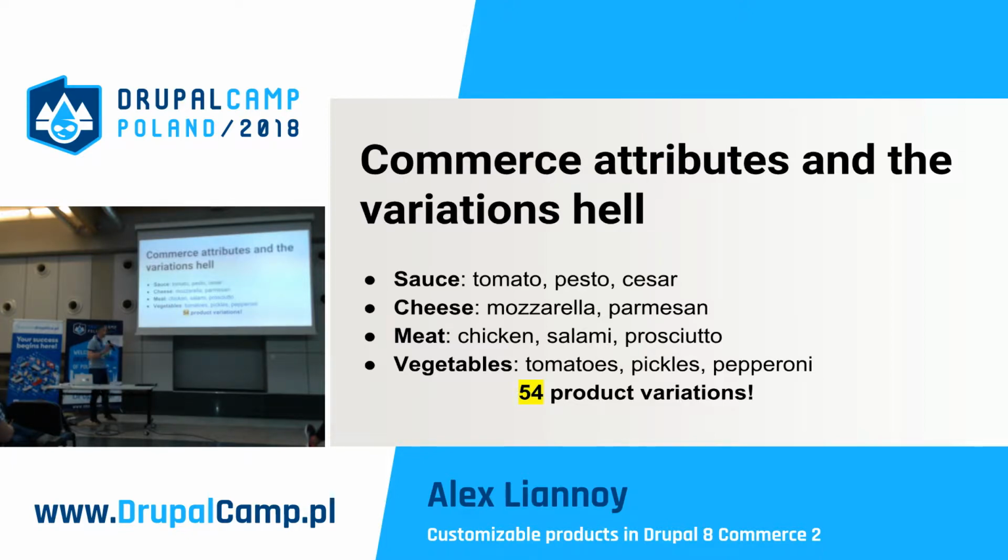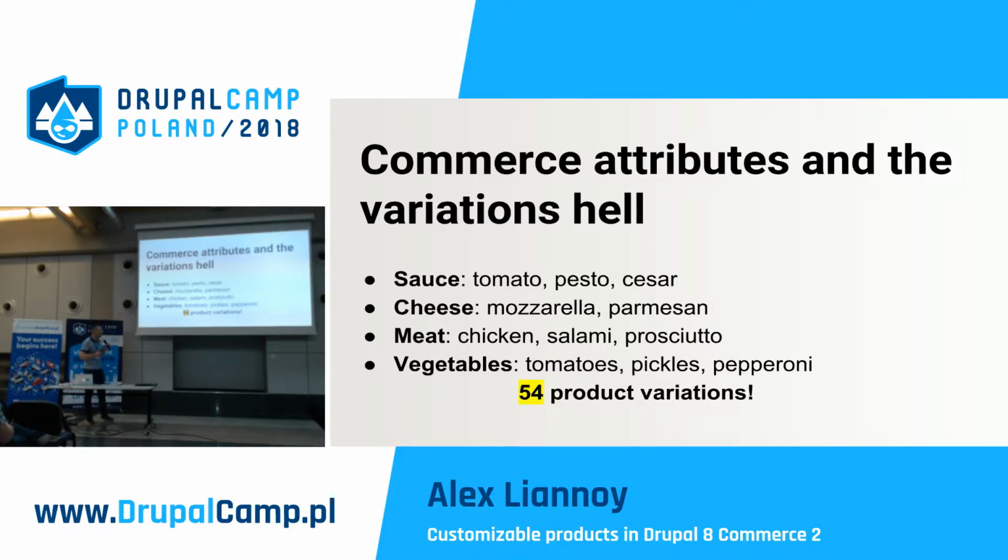I will always use pizza as an example, because I think everybody has used a pizza builder site. For example, if you have 4 different attributes, I actually didn't calculate the proper number, but I guess about 54 variations.